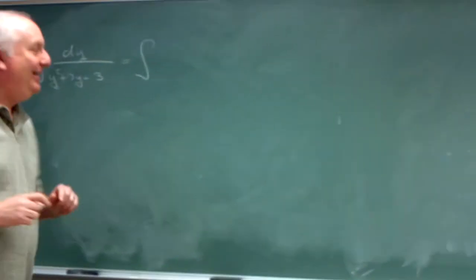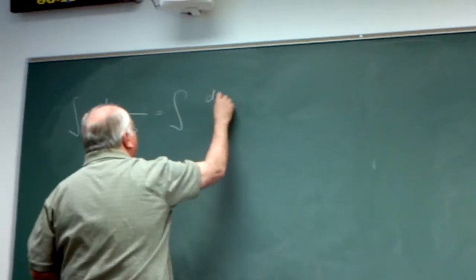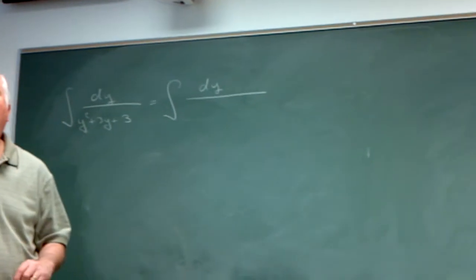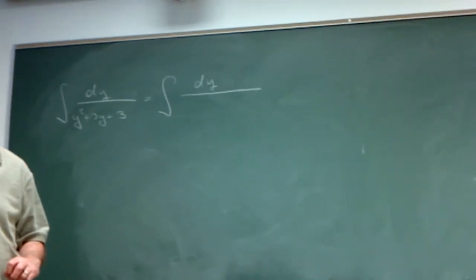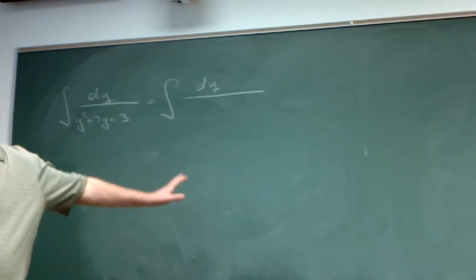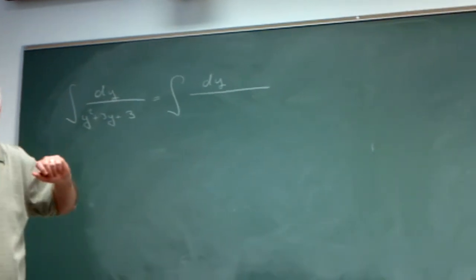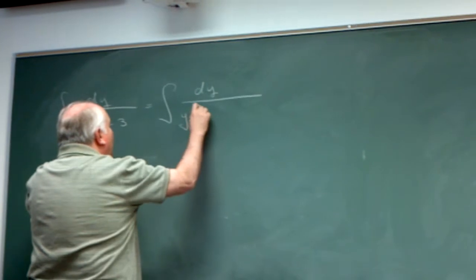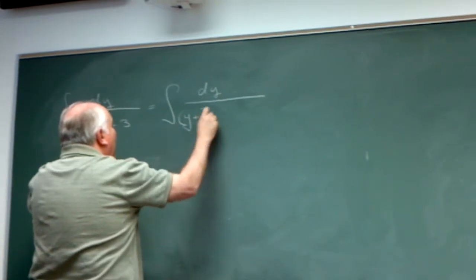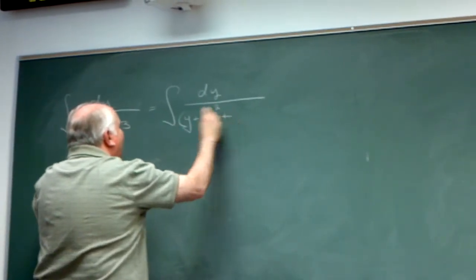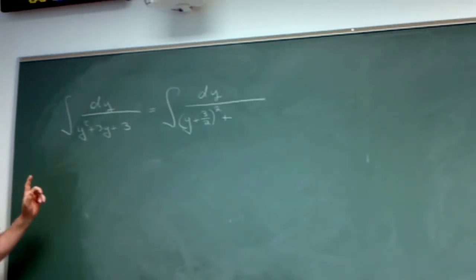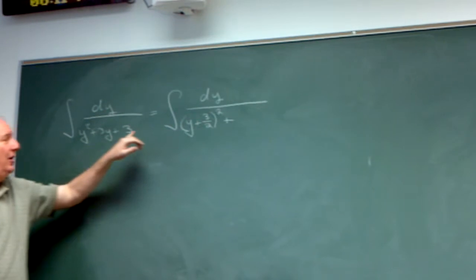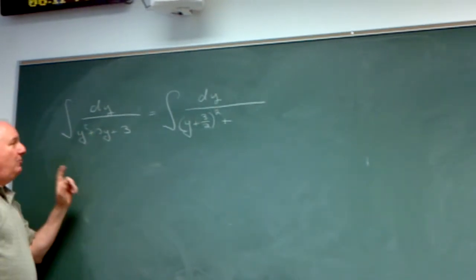Well, let's see. So for 29, they said the answer is y equals tan theta minus 3 halves, and I got that y equals root 3 over 4 tan theta minus 3 halves. Well, let's play along and see where it takes us. So we complete the square: it's y plus 3 halves squared plus 3y plus 9/4 is left over.